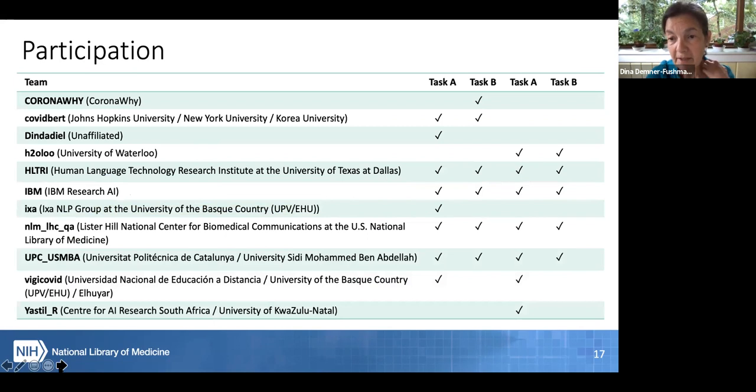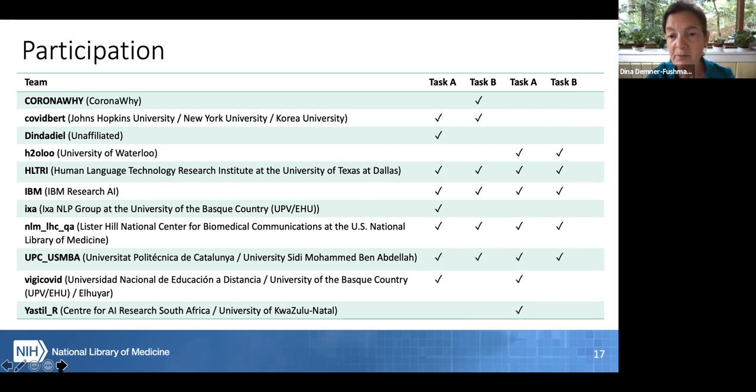The systems that contributed, you can see here that we had some systems that were participating stably in both rounds that I will describe in a second. And some systems participated either in a preliminary round or only in the last round.